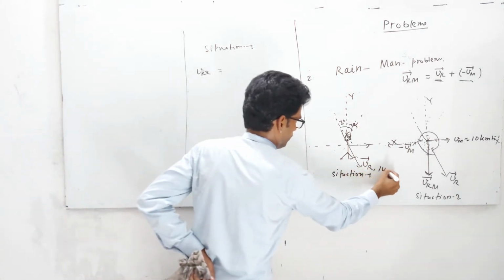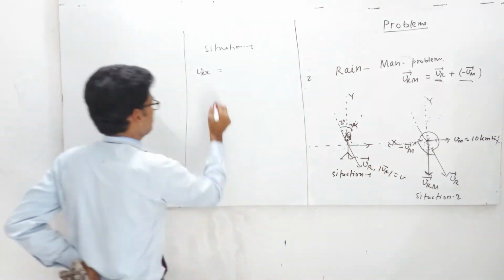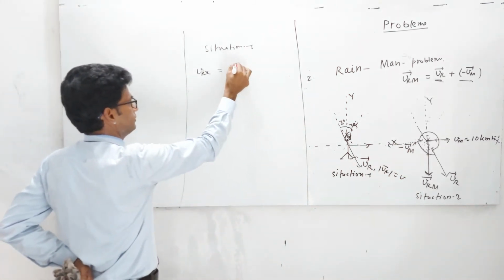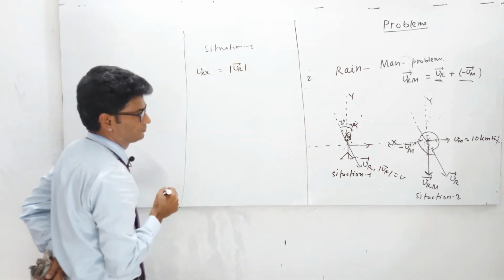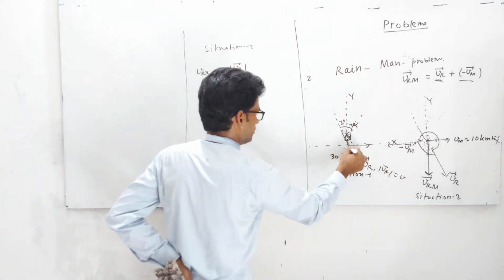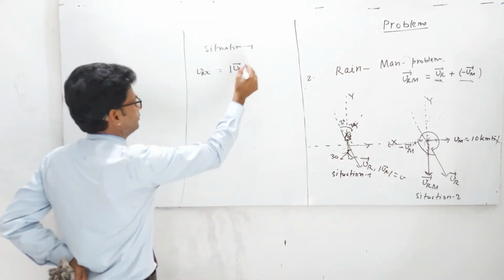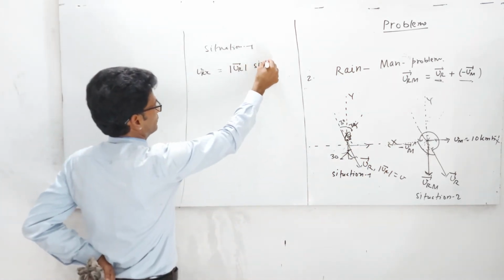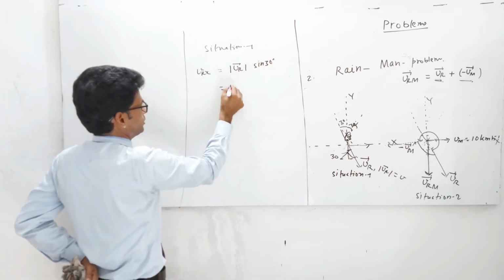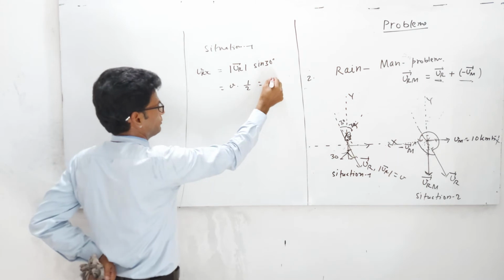Here mod Vr you may take as V. So this is 30, vertically opposite, this is also 30. So this is cos and perpendicular to this is the sine. Here sine 30, so this is V sine 30, which comes out to be half. This is equal to V by 2.